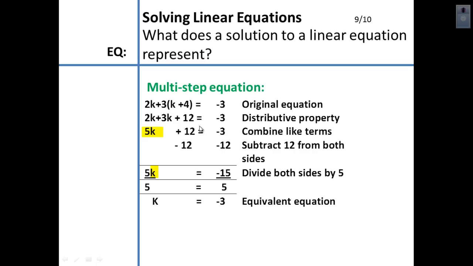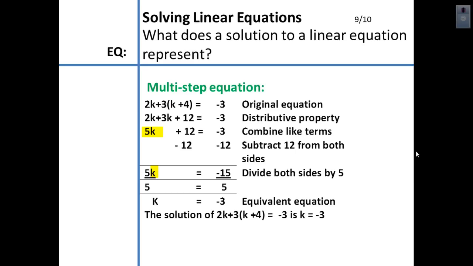All we did was use some basic algebra moves. And since every time we did one thing to one side, we did the same thing to the other side, that's why we kept our scale, or our equation, balanced. Then the solution of our equation is k equals negative 3.